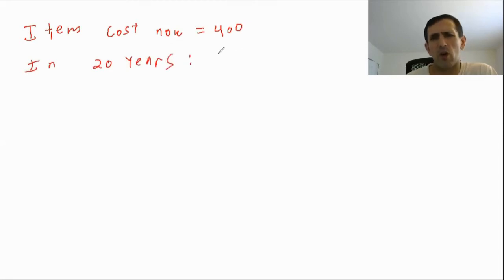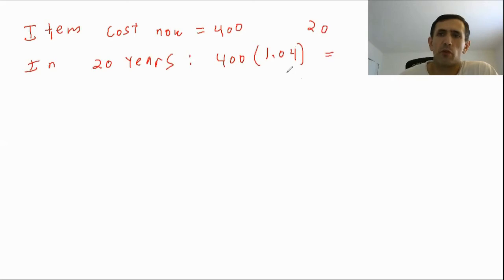The cost is $400. It inflates by 4% every year, so it basically accrues, if you will, 20 years of interest at 4%.